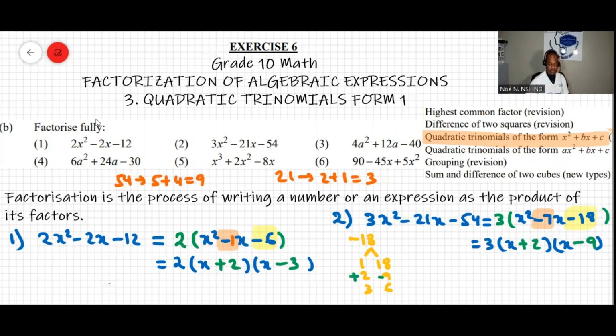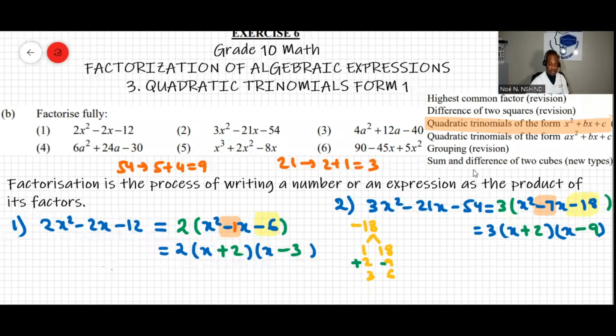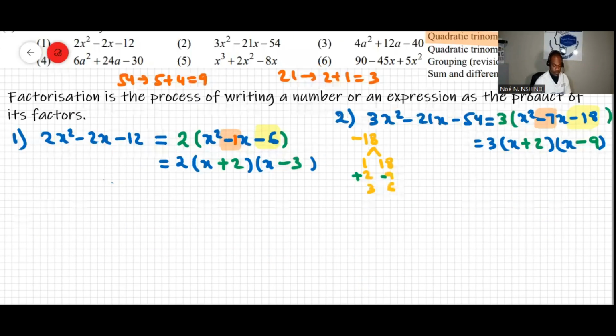Now, we will do question 5. I will leave questions 3 and 4 for you to practice. Question 5: over here, we have x³ plus 2x² minus 8x.